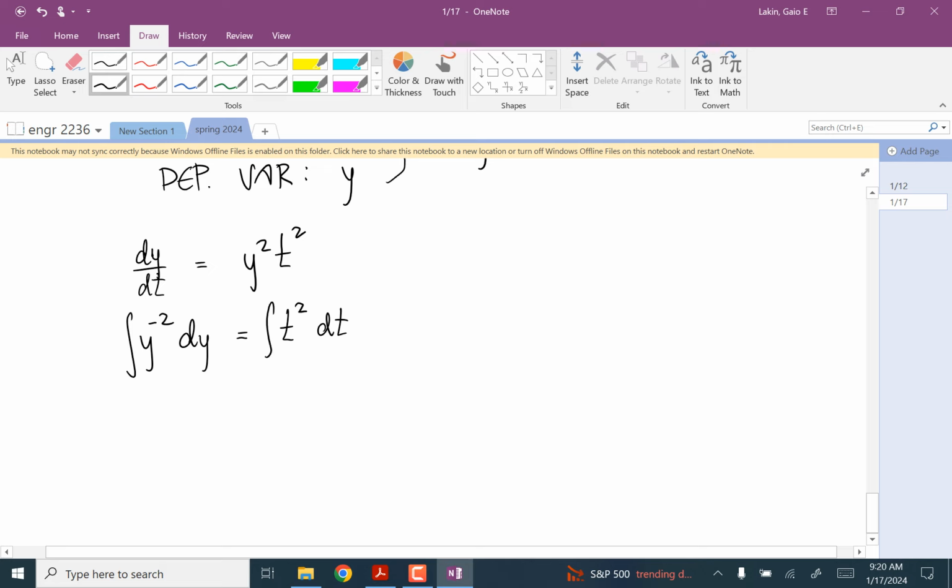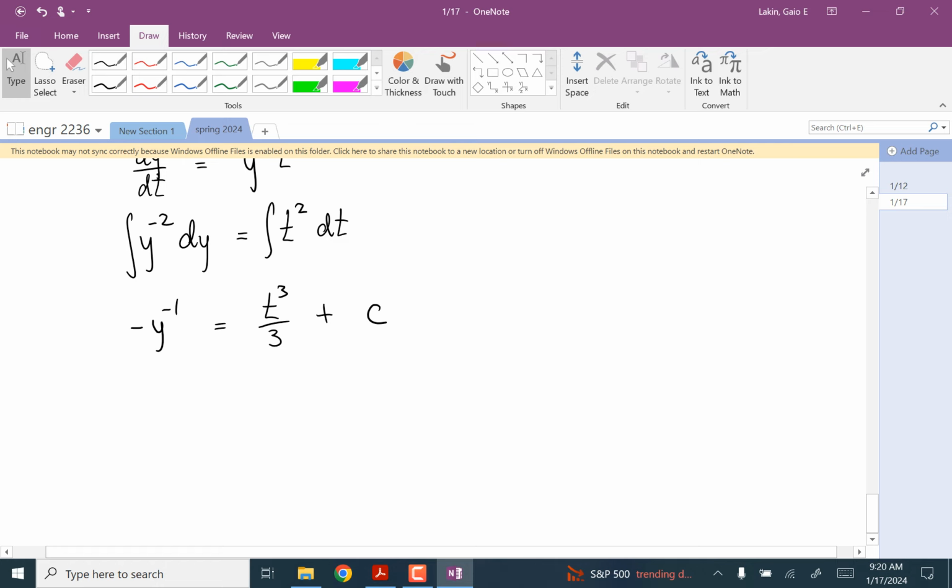Integrate both sides, and you get y to the negative 1 over negative 1, so you get this, is equal to t cubed over 3 plus a constant of integration. We have a constant of integration from both sides. I just lump them into a single thing that I'll call c. Okay? Any questions about that step?